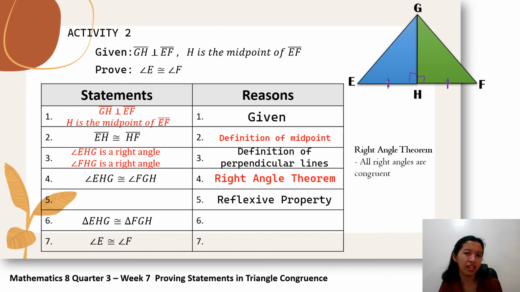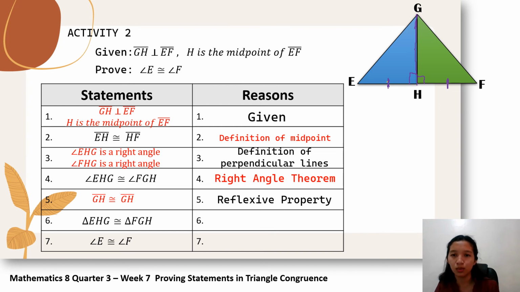They must share an angle or a side. So what is it? They share line GH, which is congruent to line GH. Since they share it, let's put markings on that.